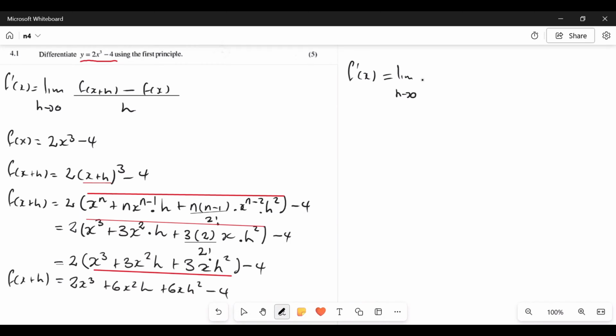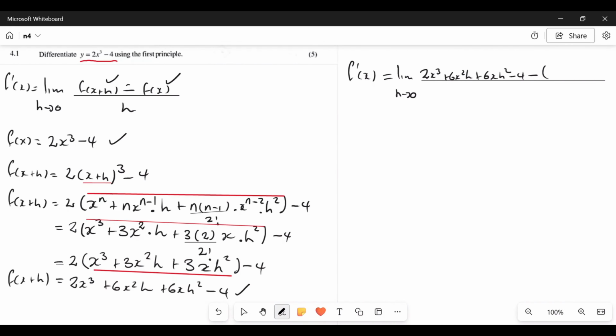There we go. So we have to substitute our f of x plus h and f of x. So here's our f of x plus h, and we have to write all of it there. It's going to be 2x cubed plus 6x squared h plus 6x h squared minus 4. So this is our f of x plus h. Let's not forget it is minus f of x. So here's our f of x, the equation that is given to us in the statement.